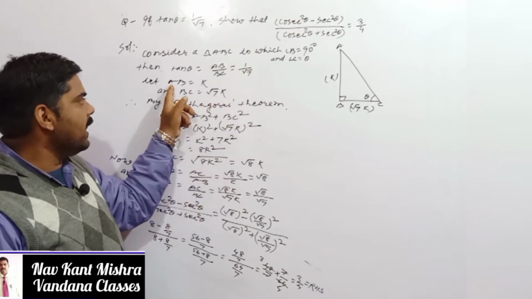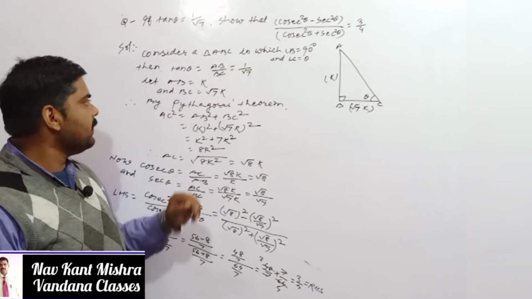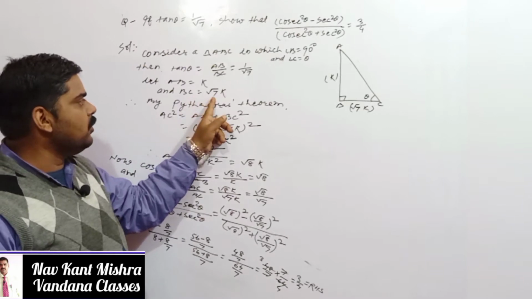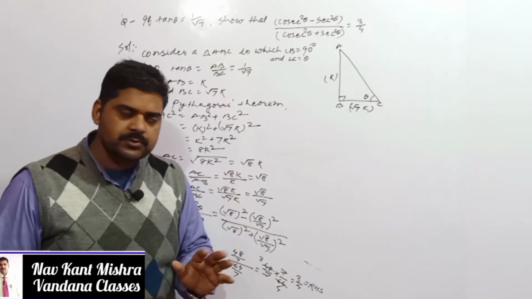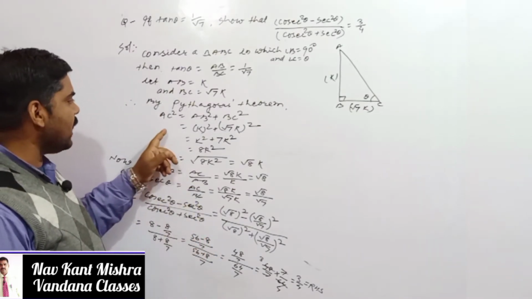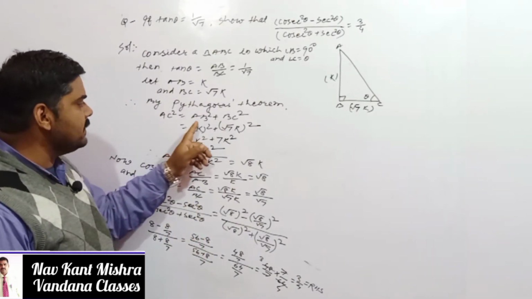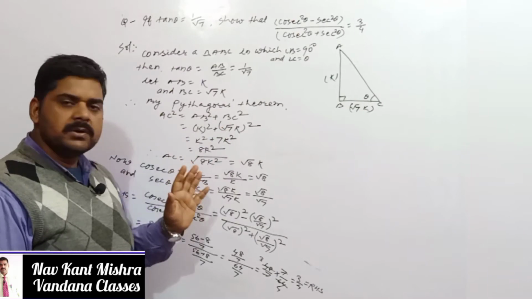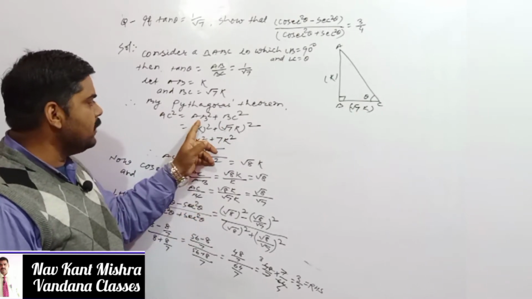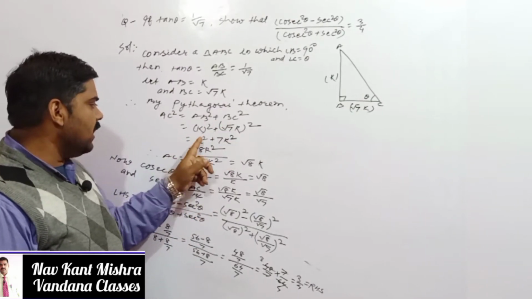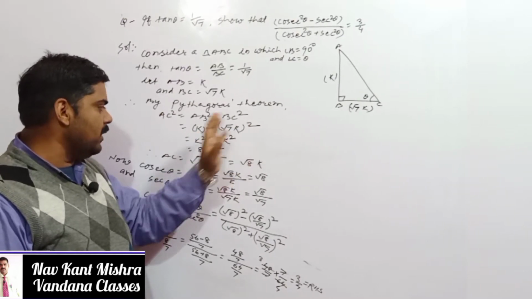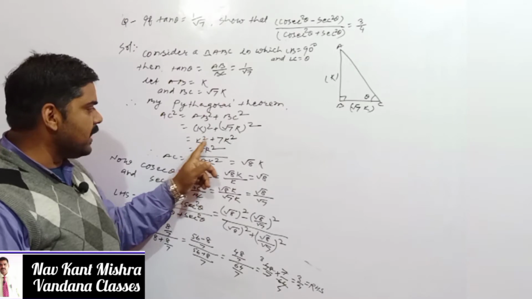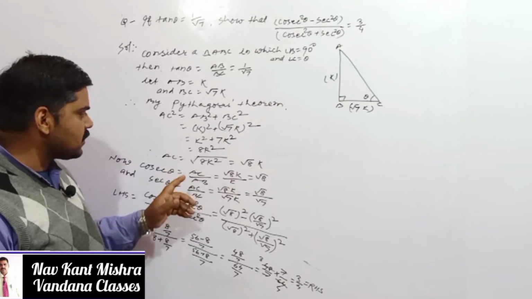Again let AB is equal to K and BC is equal to root 7K. Then you have to apply the Pythagoras theorem, and by Pythagoras theorem AC square is equal to AB square plus BC square. Putting the value of AB and BC, you can get K square plus root 7K whole square, which is equal to K square plus 7K square.